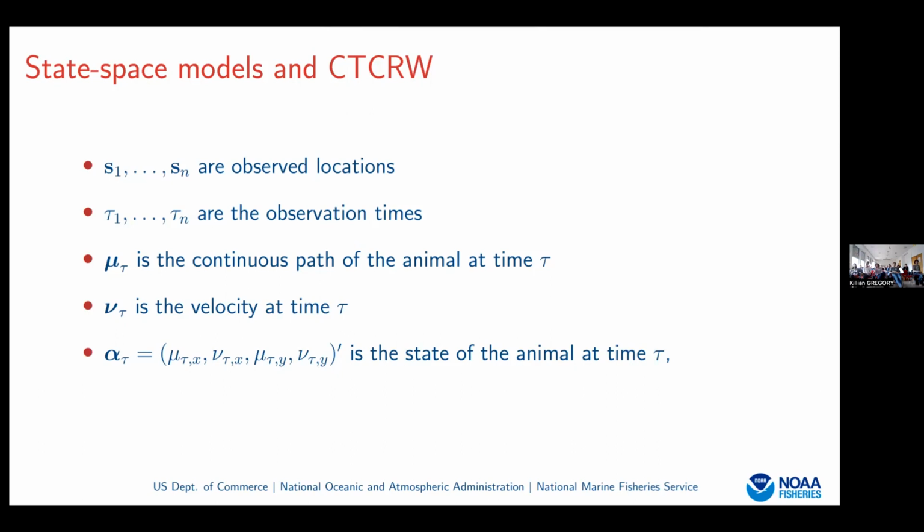So there's a velocity process that we integrate up, summing all those little steps as we go. Then we can mash all these things together into this alpha, which we'll call the state of the animal. The state is their location and velocity at a time. You can think about that like the hidden Markov model's behavior state. There's a state here just as well.